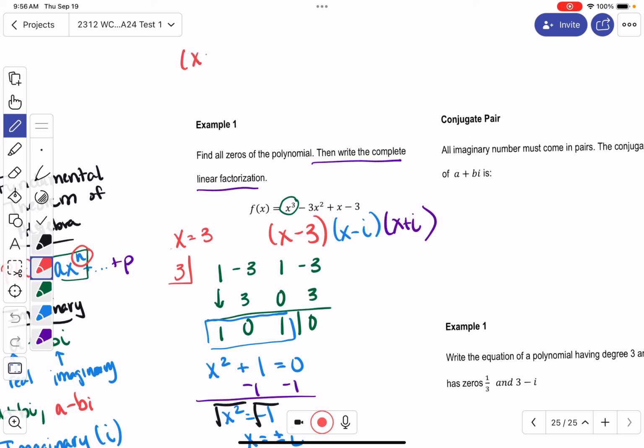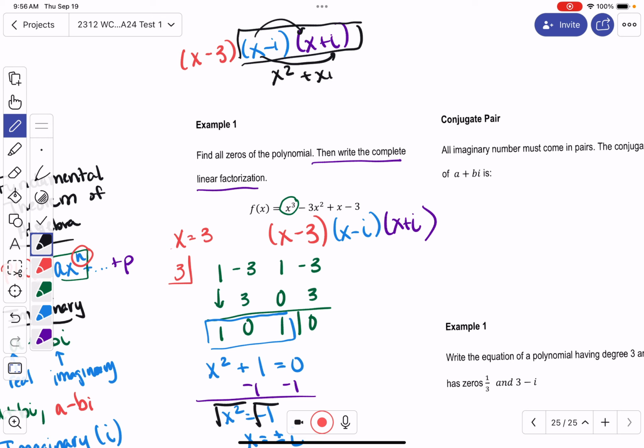So we have x minus 3 times x minus i times x plus i. We're going to work these last two first and distribute them. When I multiply those, here's what I get: x times x is x squared, x times i is xi, negative i times x is negative xi, and negative i times the positive i is negative i squared.